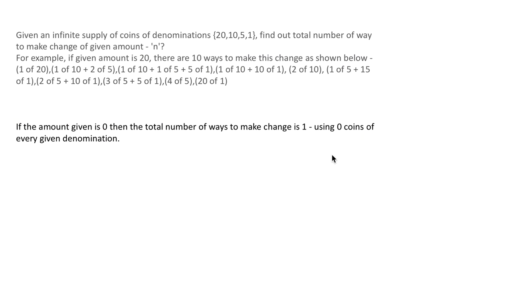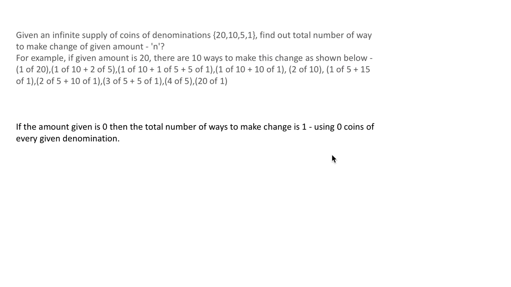And if the amount given is 0, then the total number of ways to make change is 1. You cannot include any coin, and that is counted as one such way. If I tell you to make 0 from coins of 100, 20, 50, you'll say, don't include any coin. This is one way. That's it. There is no other way. So I've given you the base condition as well.